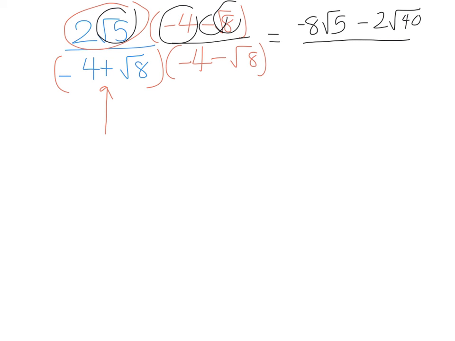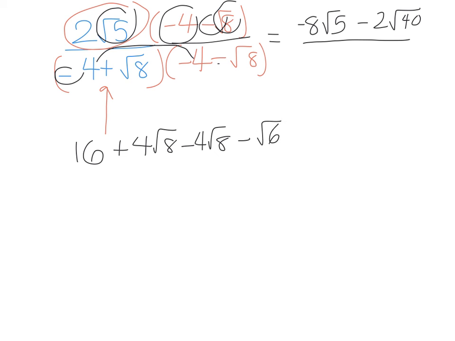I get negative 4 times negative 4 is positive 16. Negative 4 times negative rad 8, positive 4 rad 8, minus 4 rad 8, minus rad 64. The middle cancels. 16 minus rad 64, which is just plain 8, gives me 8 on the bottom.